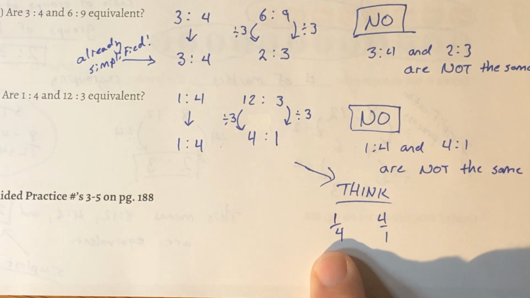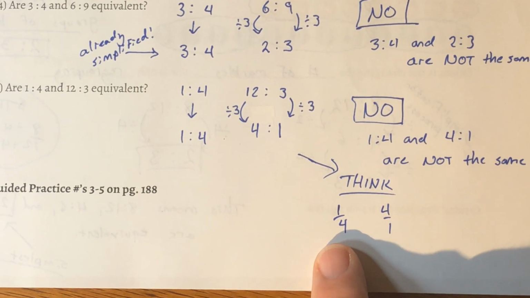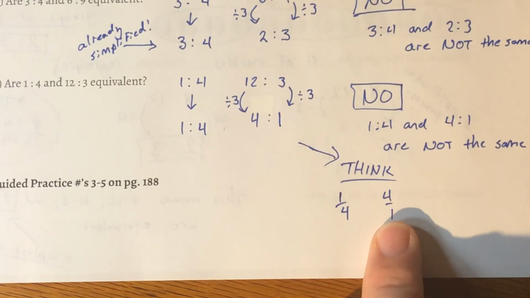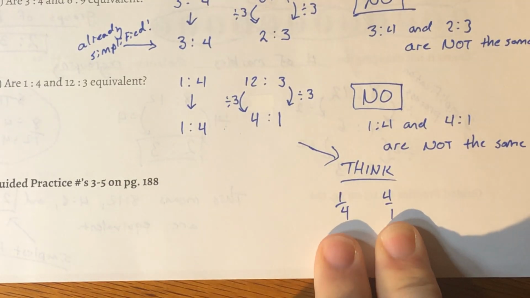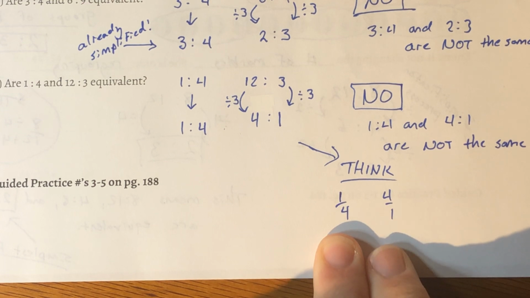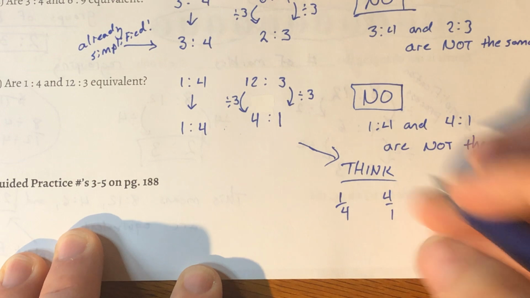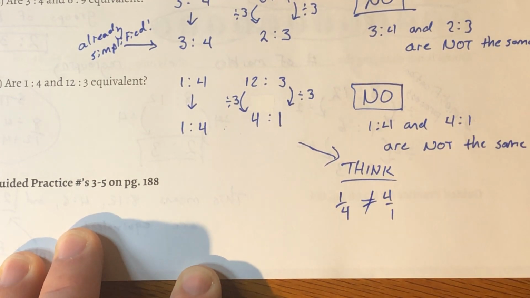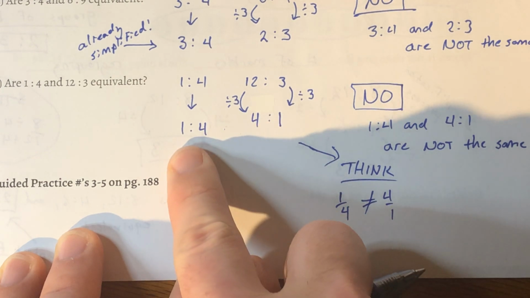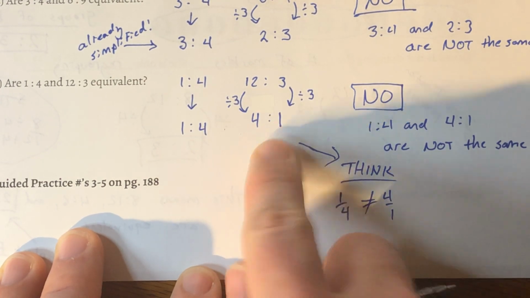Well, if I have 1/4 of a cookie, I'm not as happy as if I have 4 cookies, because obviously, someone ate 3/4 of my cookie, either me and I forgot about it, or someone else. And this person has 4. So they are not the same, not equal. So remember, order matters in ratios.